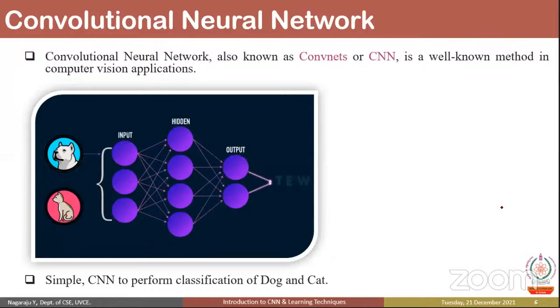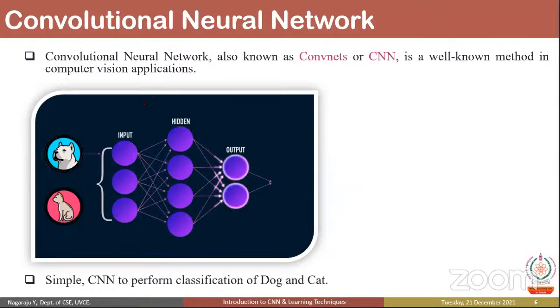As I told you, it's very important to understand each and every layer of convolution networks to create our own models. As told by our previous resource persons yesterday, Gayatri madam, Deepika madam and Venkatesh sir, we are going to use filters, and many other things, even activation functions.